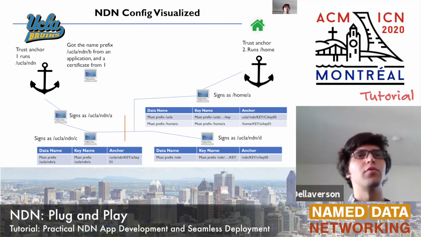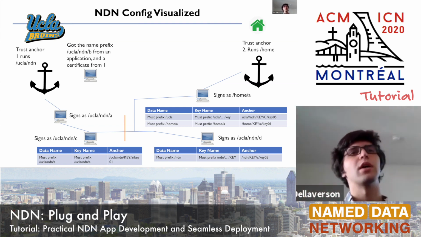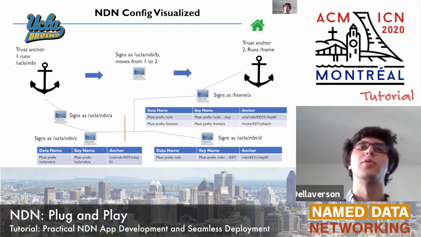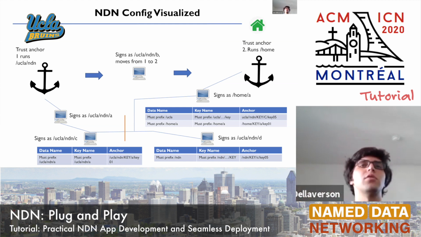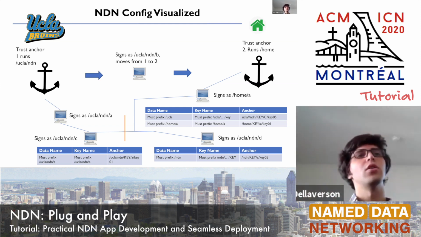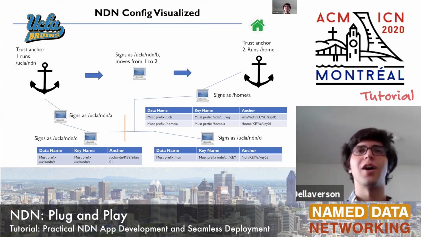So in order to do configuration, let's say you're going through the same example, you're moving from one to the other due to some crazy unforeseen event. And because you're not actually fixed to some topology, you just move over to the new location, and that's it. That's all you have to do in terms of new configuration.